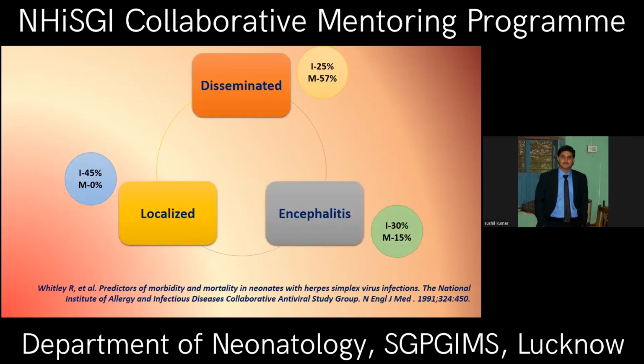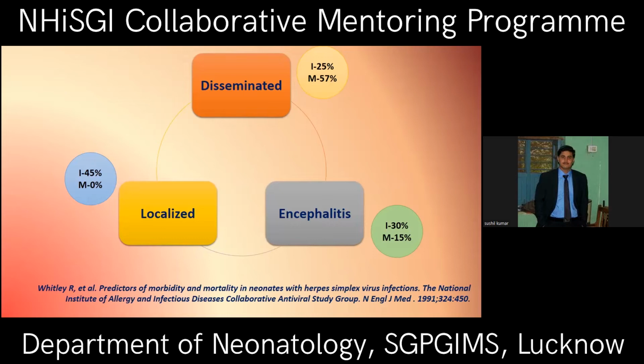This is the categorization of neonatal herpes simplex virus infection. Depending upon the system affected, the disease process can be categorized into three divisions. That is localized skin, eye, and mucous membrane disease, which has an incidence of 45% and mortality of 0%.